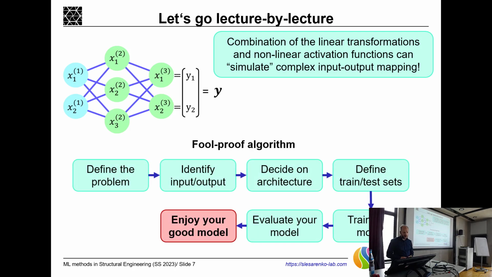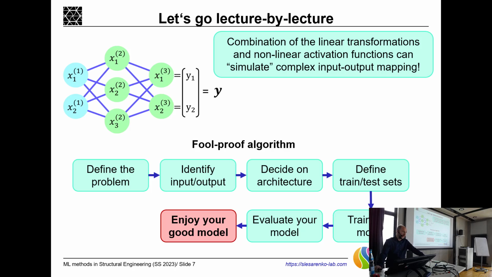Now the main algorithm that you actually, I think, practice by yourself while writing the code in the project or in a class can be represented like that. First of all, of course, we define the problem. Whatever problem you have, you need to define it. Then, what's important, you need to identify input and output of your problem.